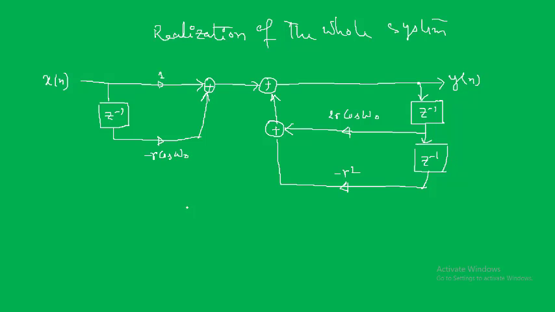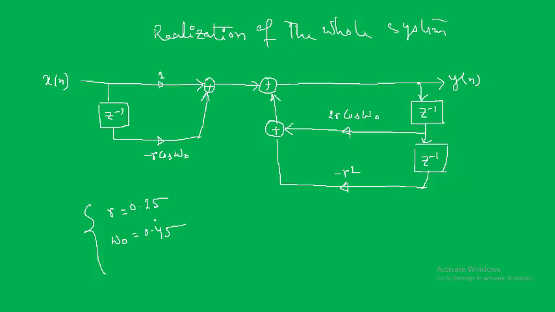So now many questions you may get, instead of these values you may get some numerical values, or somewhere r value will be given, omega naught value will be given. So let us consider r equal to say 0.25 and omega naught equal to say 0.45. So omega naught is the digital frequency. So I am leaving it to you.